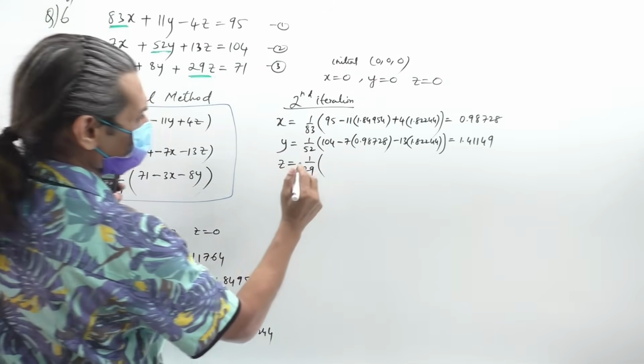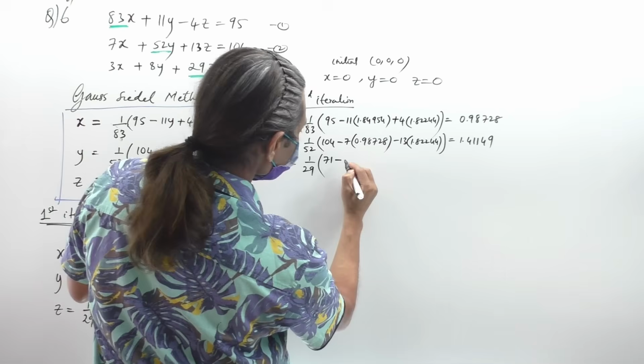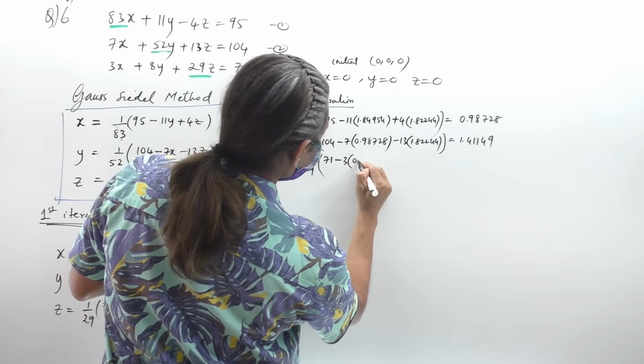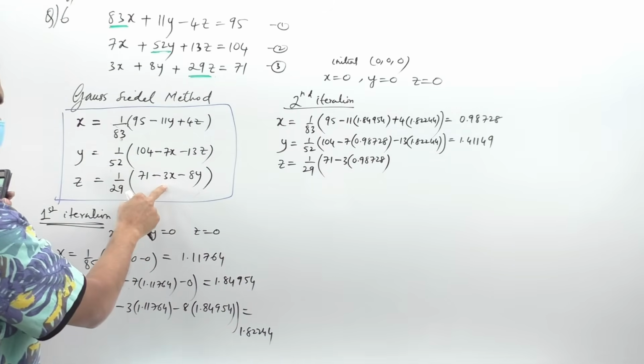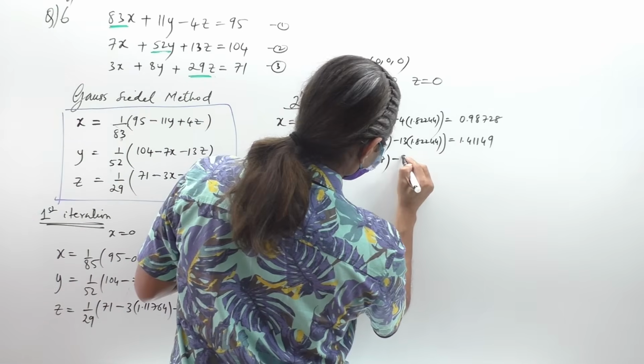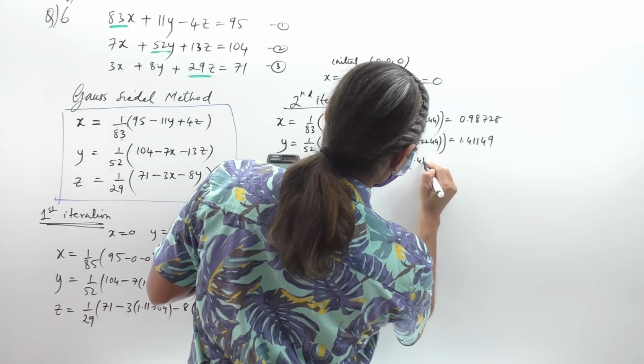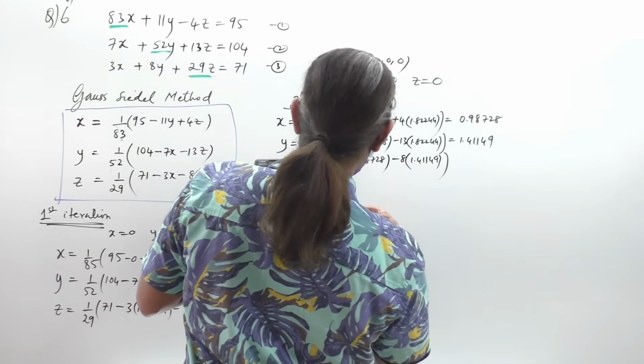Lastly, z is equal to 1 by 29. So it's 71 minus, what is new x? It's 0.98728. Is that right? Yeah. Minus 8 into, what is new y? 1.41149. Okay.